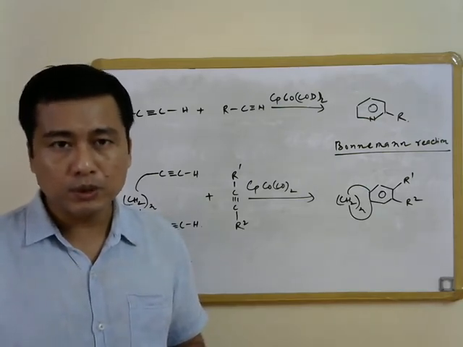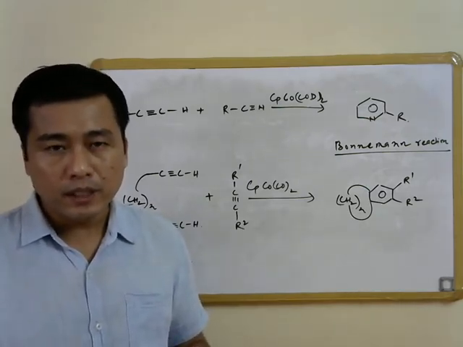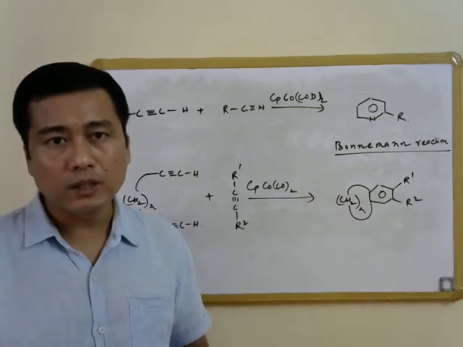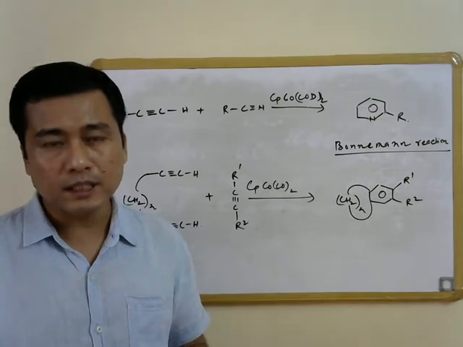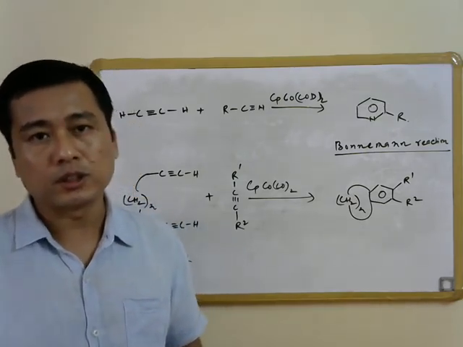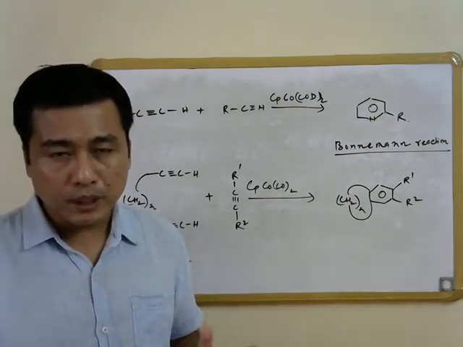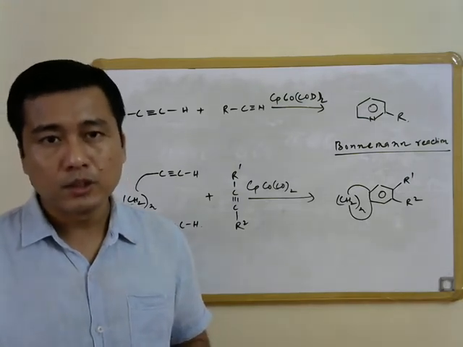This again is possible because of the increase in p character on the carbon atoms, which allows for the formation of bent bonds, and this releases the ring strain to a considerable amount, and therefore stable metal alkyne complexes are formed.